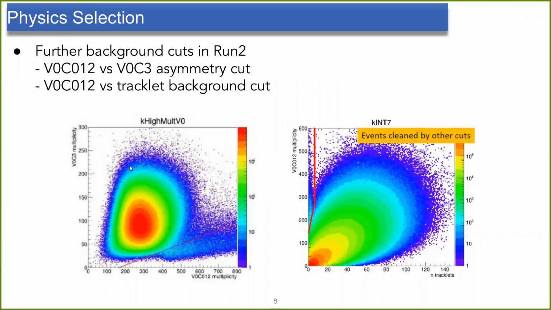This first plot is the correlation between the multiplicity obtained from the hits in the first three rings, 0, 1, 2, and the multiplicity in the third ring. The next correlation is the multiplicity from the first three rings 0, 1, 2 of the V0 with the number of tracklets. You can see that one can put cuts here to reject this background, which is an outlier from this correlation.